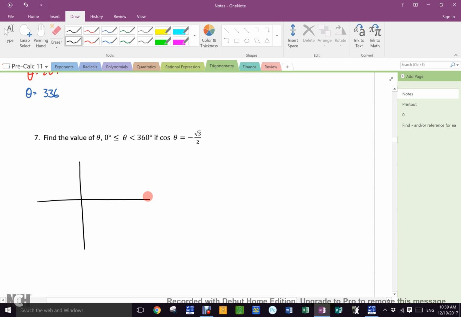What makes it tricky? There's a root involved, isn't there? I'll let you work for a second. I'm only going to give you one hint. Cos is x over h.